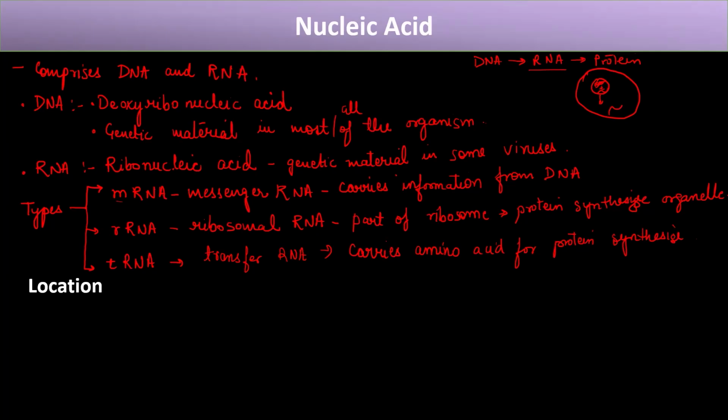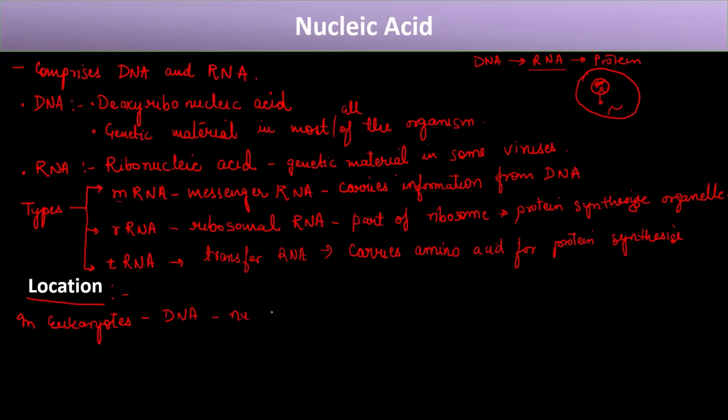So the nucleic acid, what we saw, comprises DNA and RNA, and what is DNA and what is RNA. Now, if we talk about the location of this DNA and RNA, in the case of eukaryotic cells, the typical diagram is this only. So we have the nucleus. The DNA is present in the nucleus.